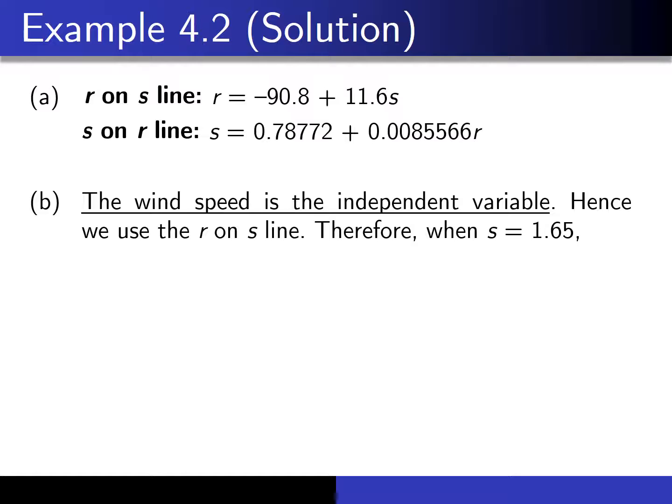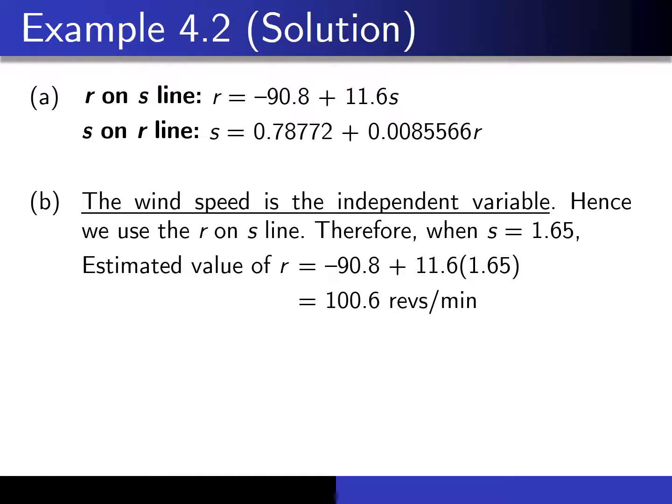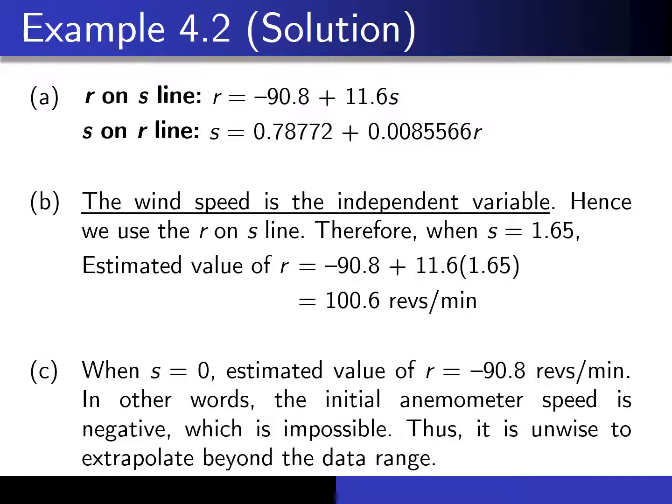Therefore, when S equals 1.65, the estimated value of R is 100.6 revolutions per minute. For Part C, when S equals 0, the estimated value of R is -90.8 revolutions per minute. In other words, the initial anemometer speed is negative, which is impossible. Thus, it is unwise to extrapolate beyond the data range, since clearly, a linear model is not a sensible one for values of S that are close to 0.